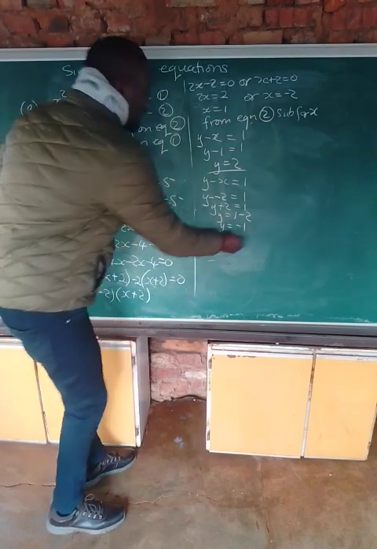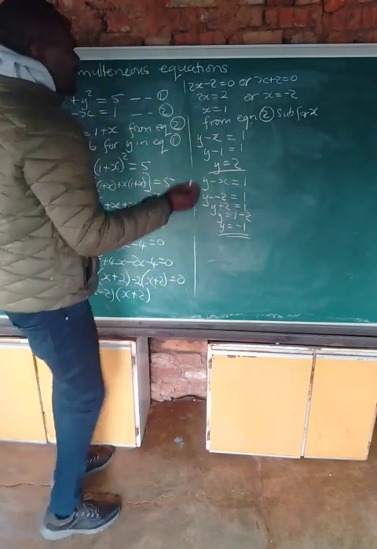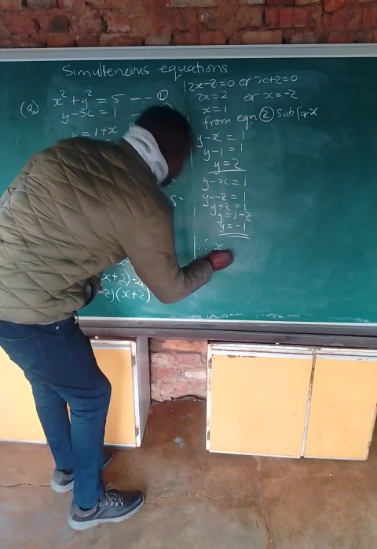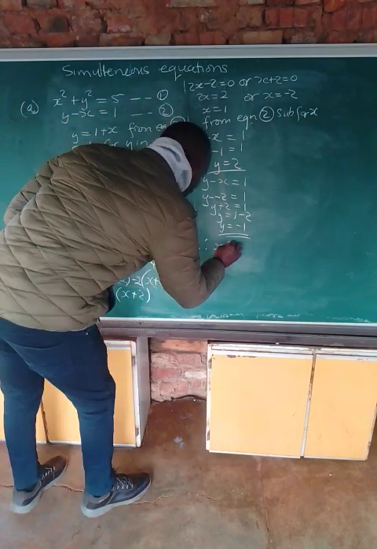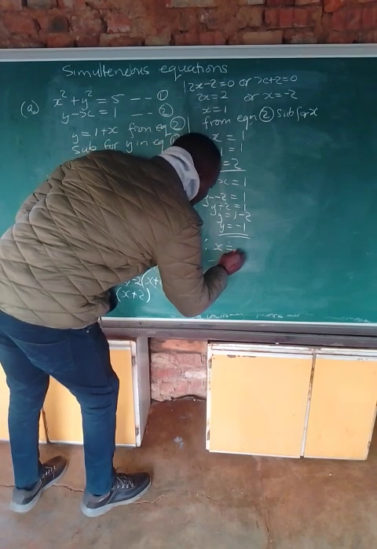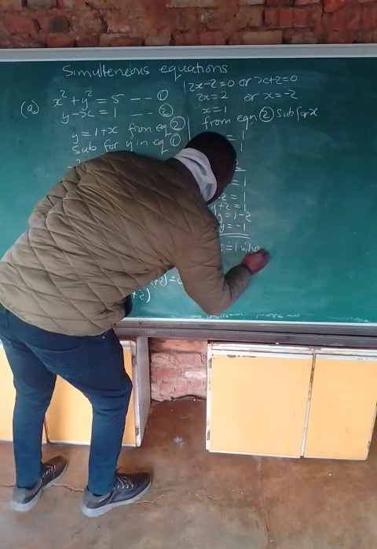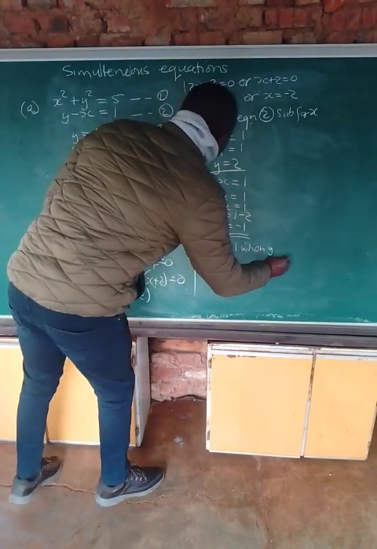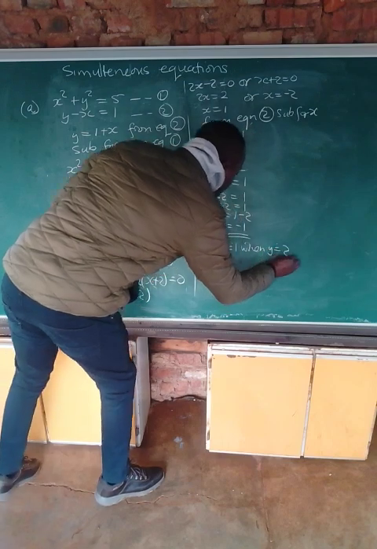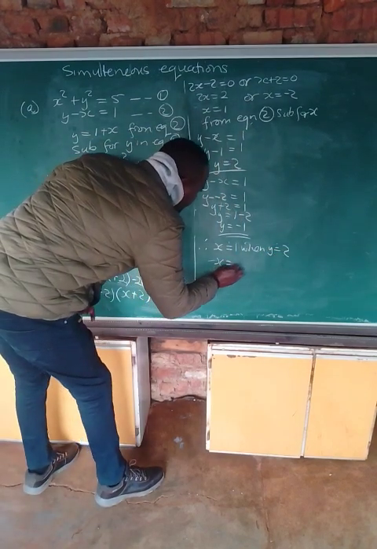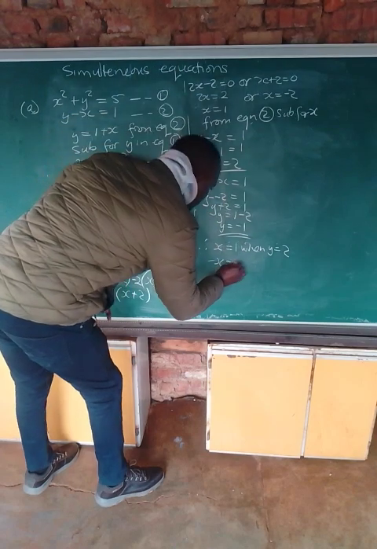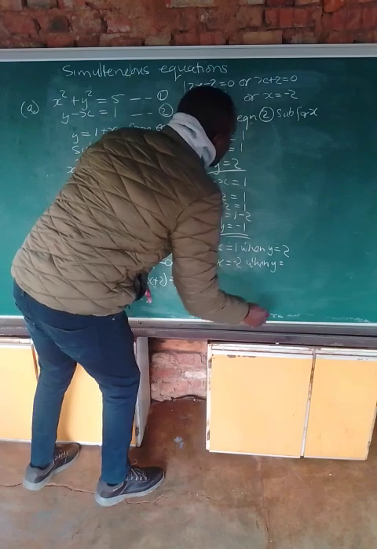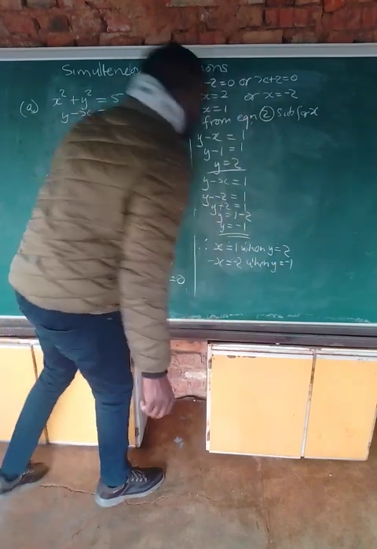So therefore the solutions here: x is equal to 1 when y is equal to 2. Then x is equal to minus 2 when y is equal to minus 1.